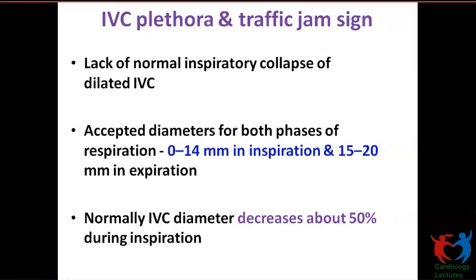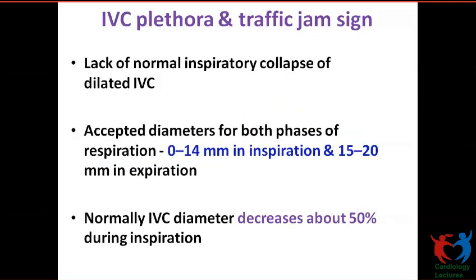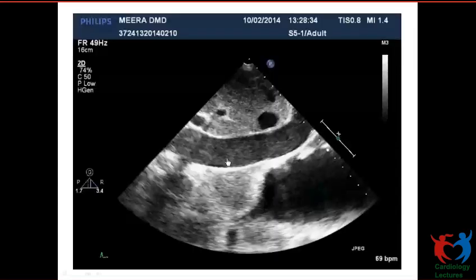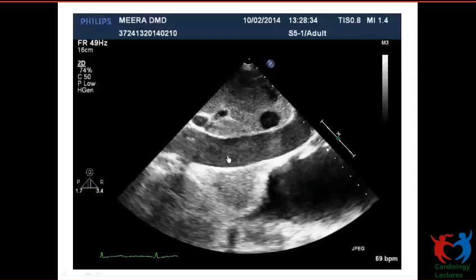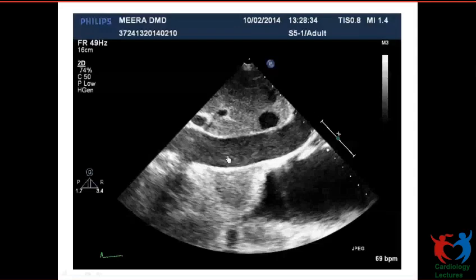That is plethora. Traffic jam is what we saw: multiple echogenic shadows in the hepatic veins. This small movement looks like a clot, a very sluggish movement. That is traffic jam.